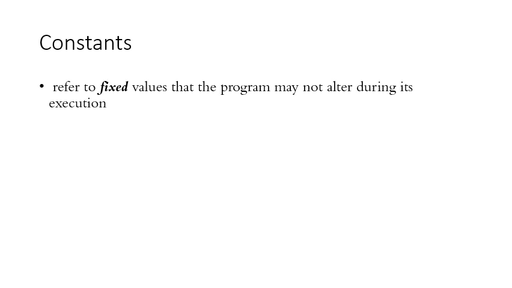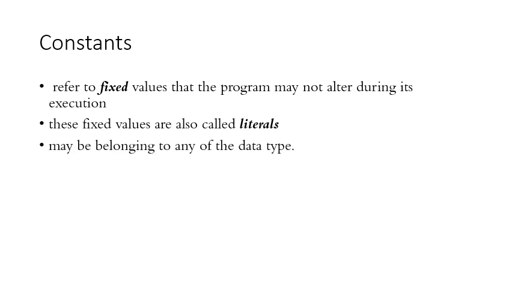So formally, constants refer to fixed values that the program may not alter during its execution. These fixed values are also called literals, and they may belong to any of the data types that we have discussed before, such as integer, character, float, or double.